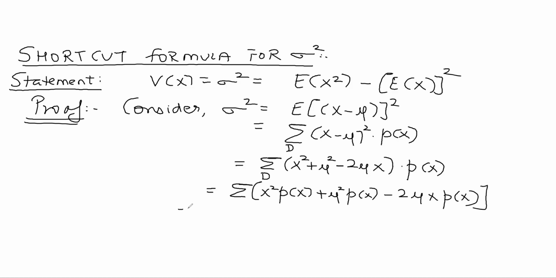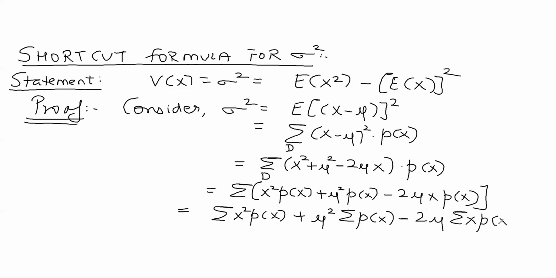Now I can separate, I can open up the brackets. This will be summation x square p of x plus mu square is a constant, so it comes out of the summation, and again minus 2 mu is a constant, it comes out of the summation. Now guys, what is this?